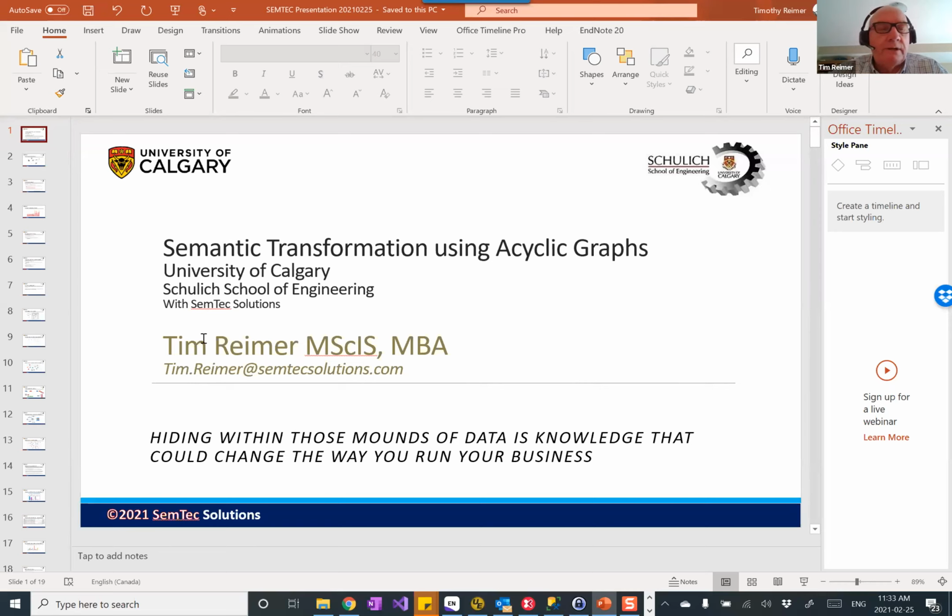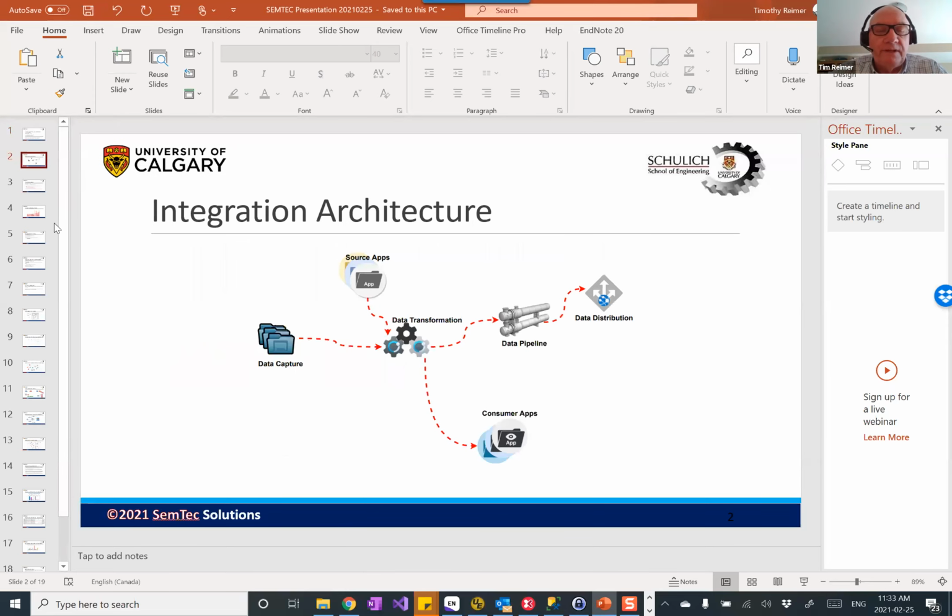What we're trying to do in our research project at UofC in the Department of Engineering is this. The basic concept is that we are talking about integration. Integration is not only application to application, from a source app to a target or consumer app; we also have data capturing capabilities.